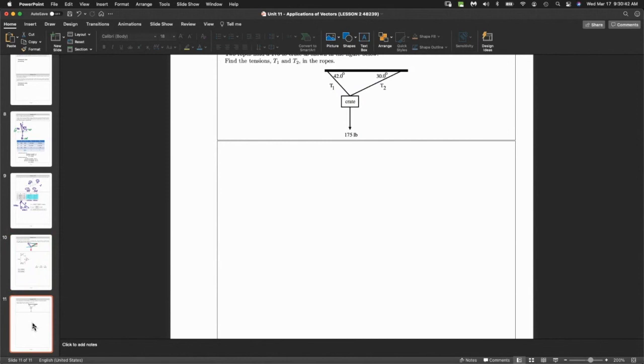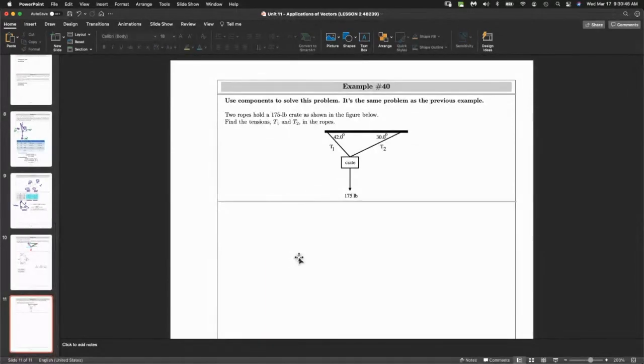So in this case, we have the same question, but we're trying to consider what are the components instead of using the sine and cosine law. So let's take a look here. We have the same diagram, the same quantities, but just a little bit more fun here as we consider the components.